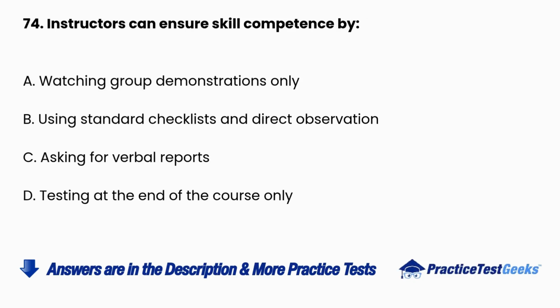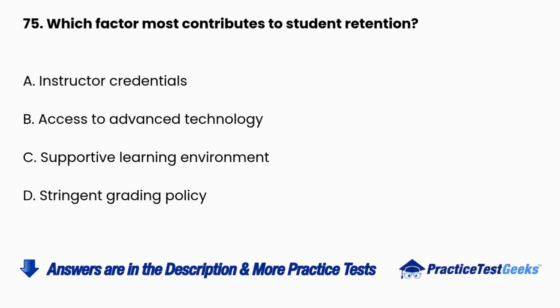74. Instructors can ensure skill competence by A. Watching group demonstrations only. B. Using standard checklists and direct observation. C. Asking for verbal reports. D. Testing at the end of the course only. 75. Which factor most contributes to student retention? A. Instructor credentials.